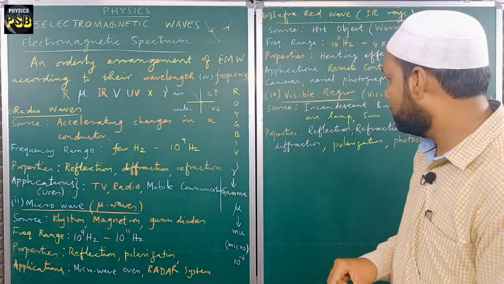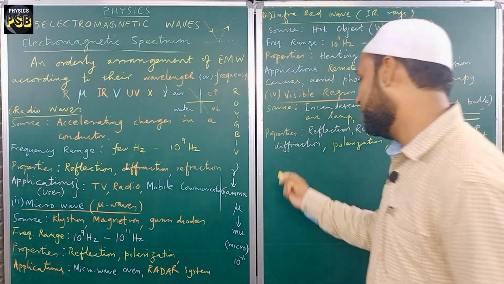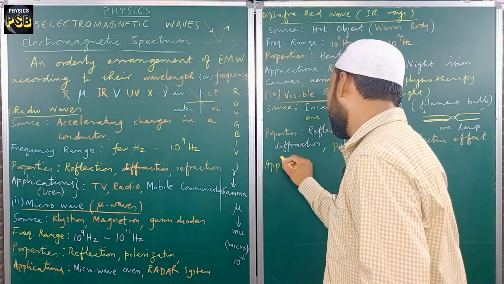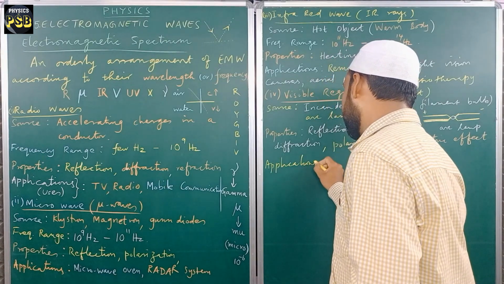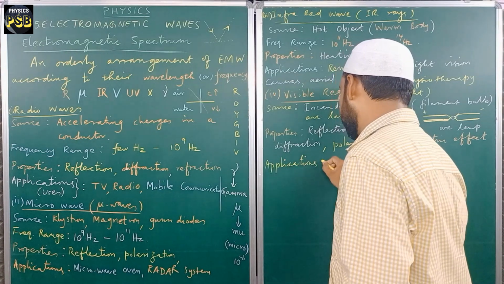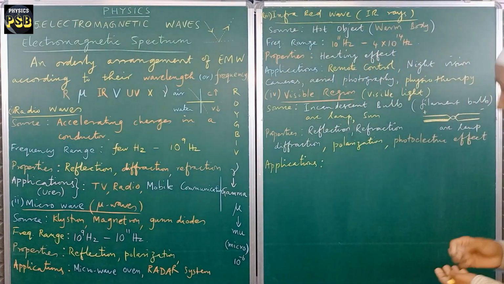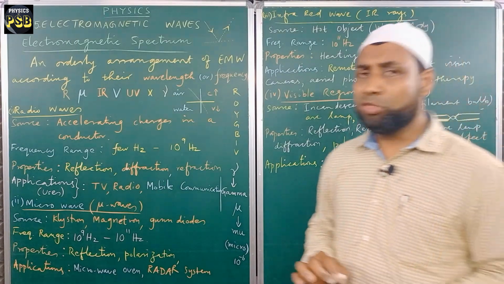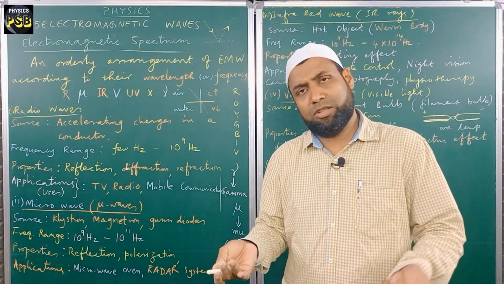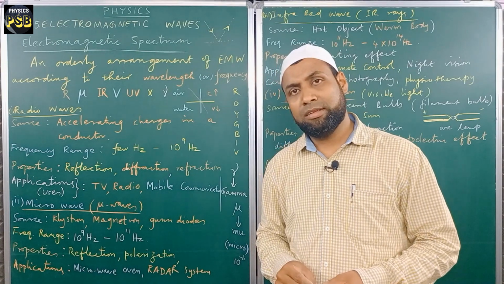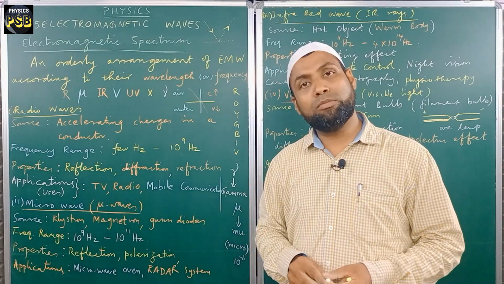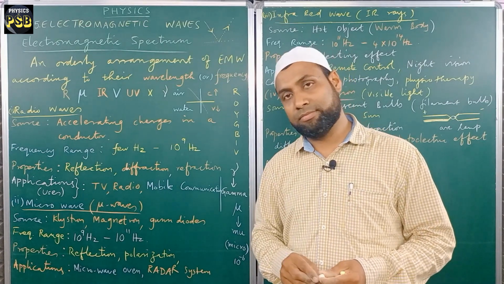Now, the properties are done. Now, applications. What are the applications of visible light? The first thing is, without light we cannot see anything. Now, it is quite known to us. Suppose I turn off the lamps in this room, you would be able to see nothing.